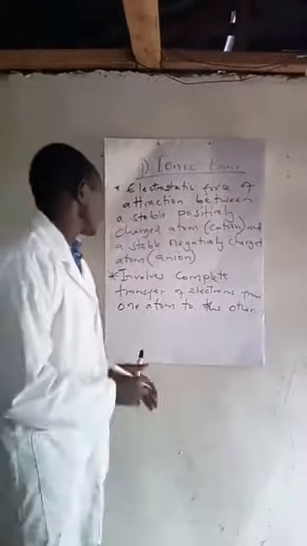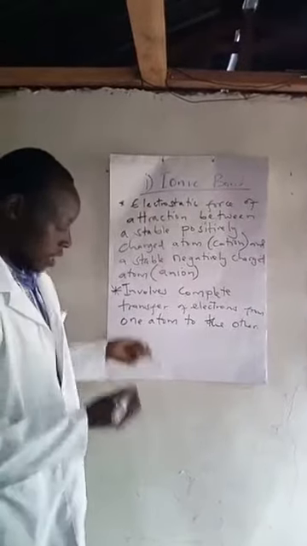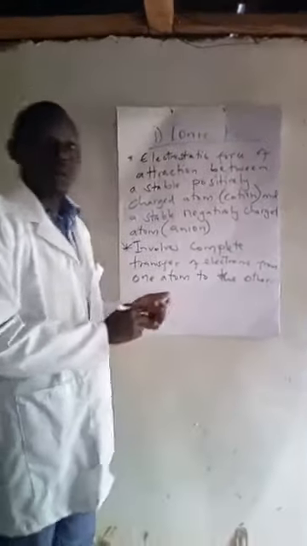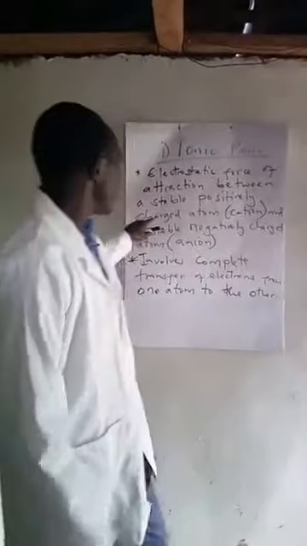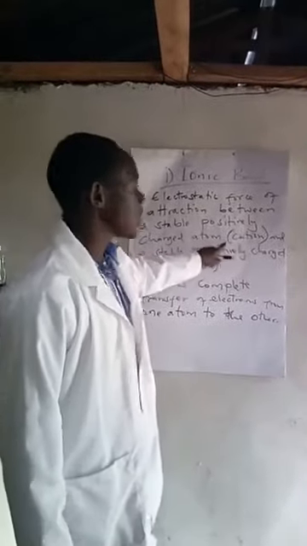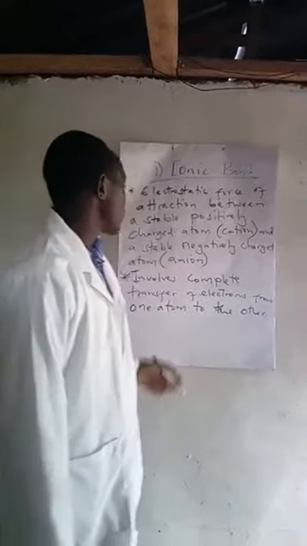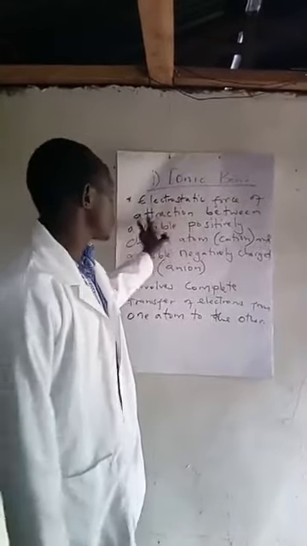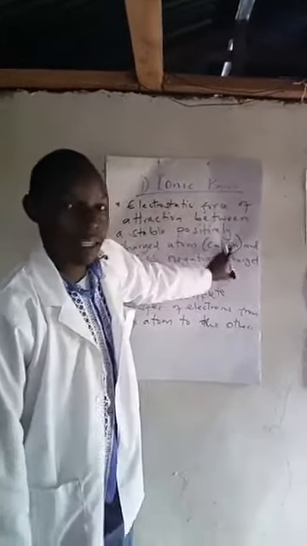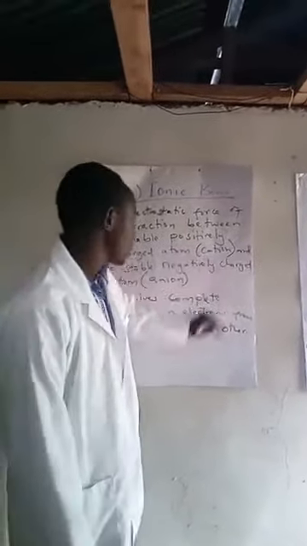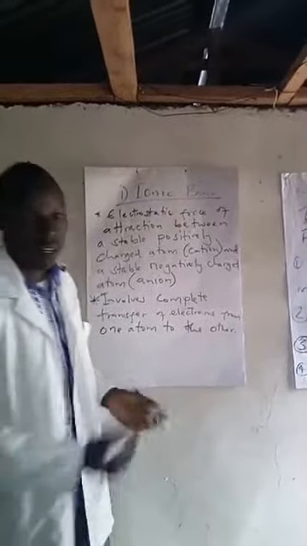So that is an ionic bond. We need to note here that a positively charged atom is a cation, so it is the same as saying an electrostatic force of attraction between a cation and an anion. That one is called ionic bond.